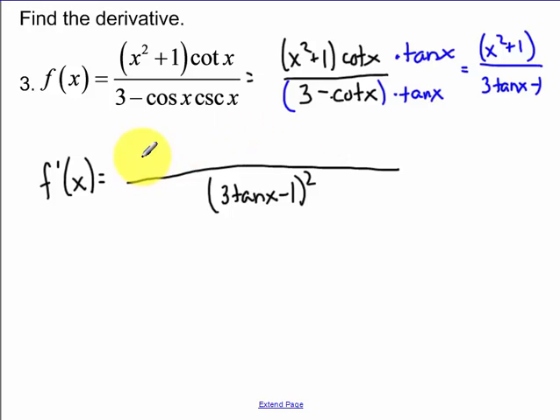So low, but for the numerator, you have low d high minus high d low. Draw the line, square the below. Okay, simplifying.